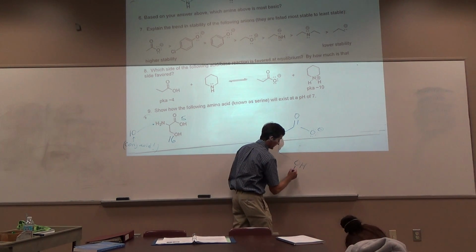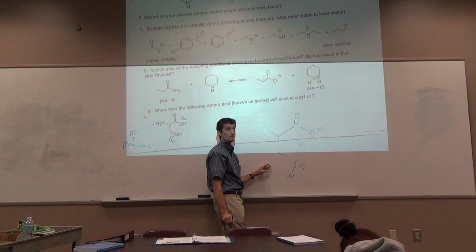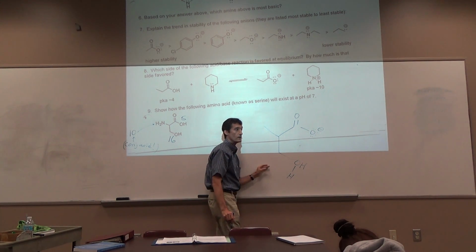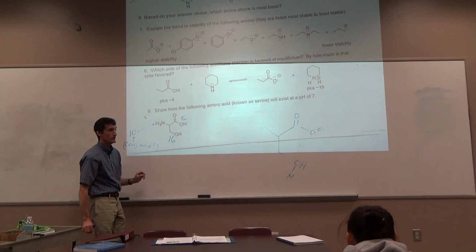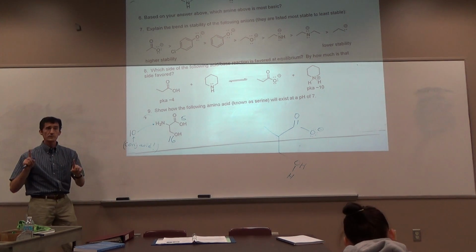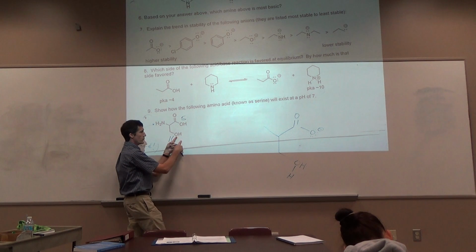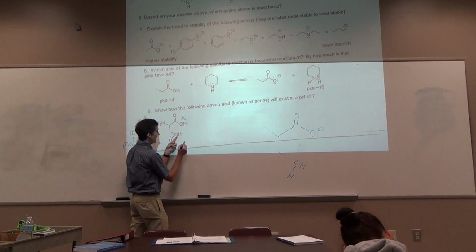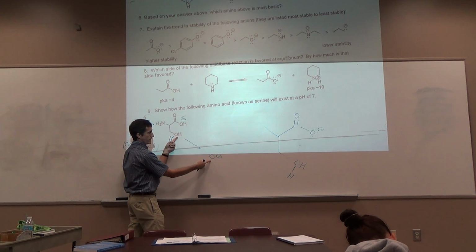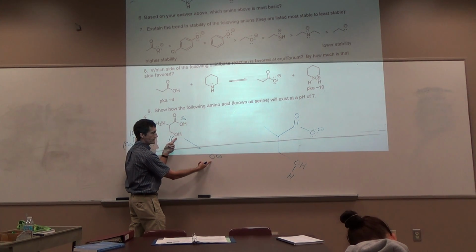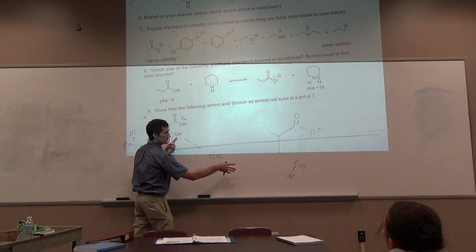Now a lot of students will put another H here. Why is that not right? Because you have to know what your 2 forms are. What is the other possible form here? O minus. It's either that or O minus. These are your 2 choices. Not putting an H on.